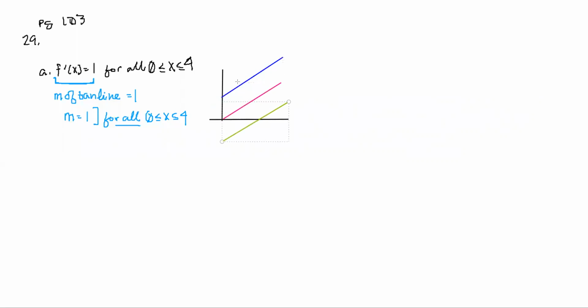But m is equal to 1 for all of these, right? And it's consistent from x equal to 0 to x equal to 4. So any one of these lines would be an appropriate answer for this question. For this question, instead of looking at the graphs right away, I just took a look at the equation.